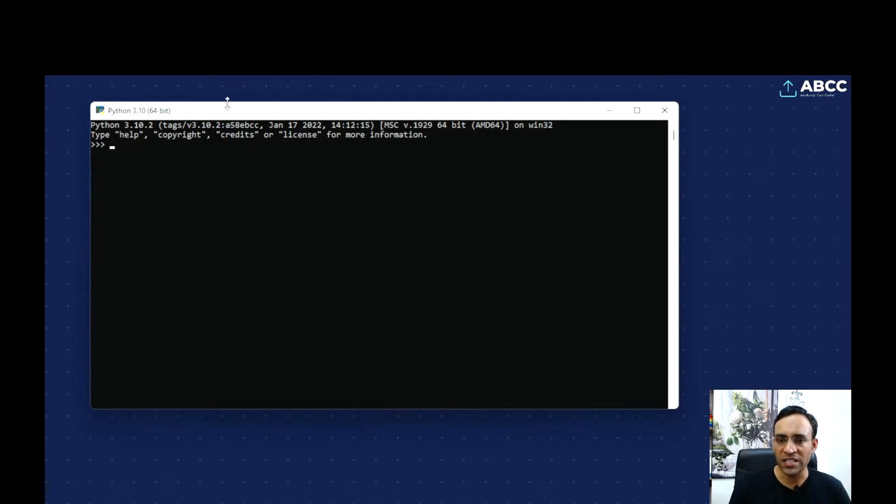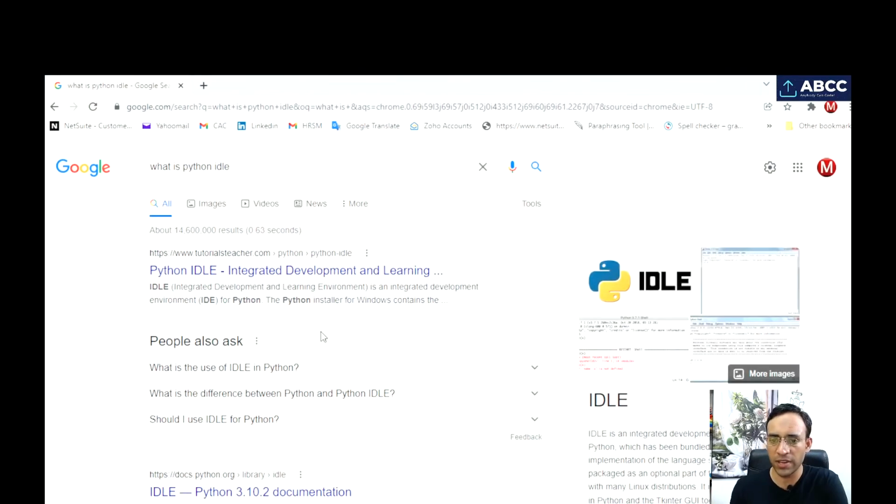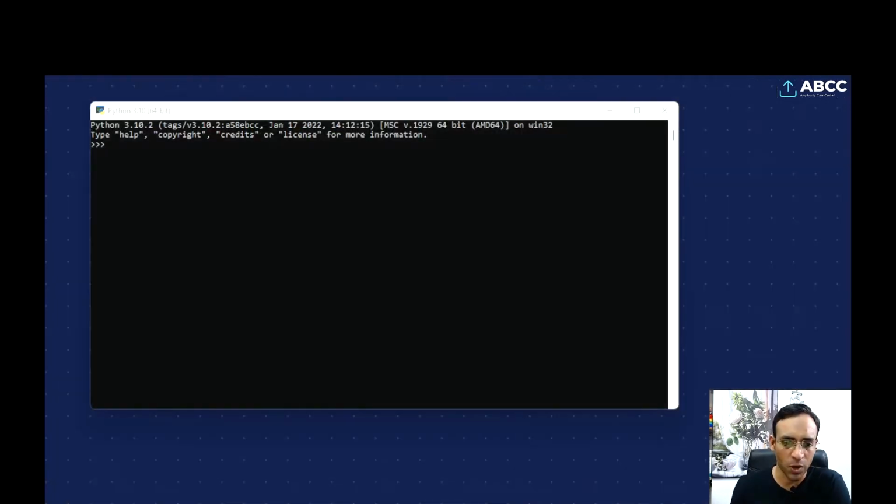Once I open it, as I mentioned, it will open something like a command prompt. Here it is. It is a Python IDLE. What is Python IDLE? Here we can see: integrated development and learning environment. So this is what we are going to use.